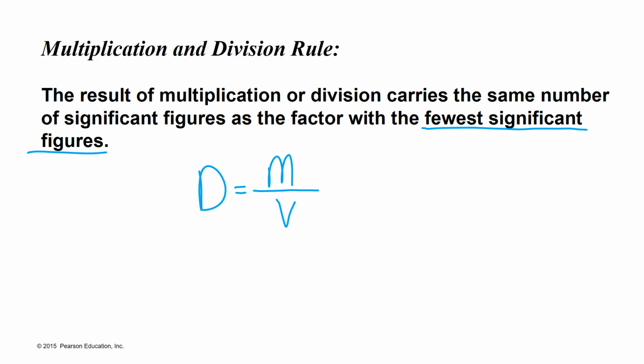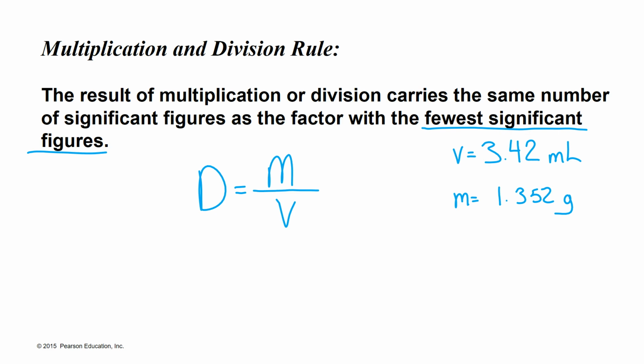So if I have an object and I tell you that the volume is 3.42 milliliters and the mass is 1.352 grams, I don't necessarily want to solve it right now, but how many sig figs can I write my answer in?